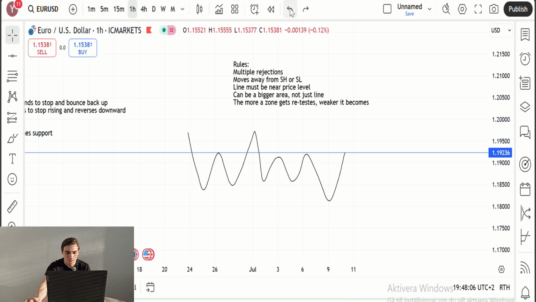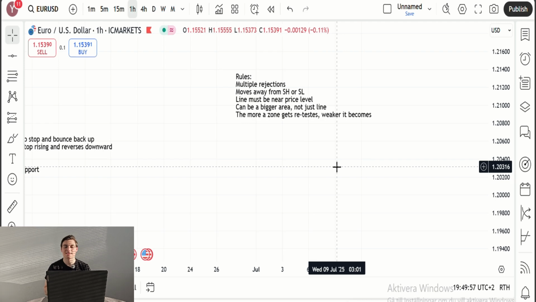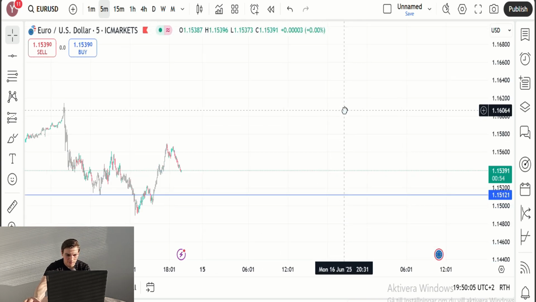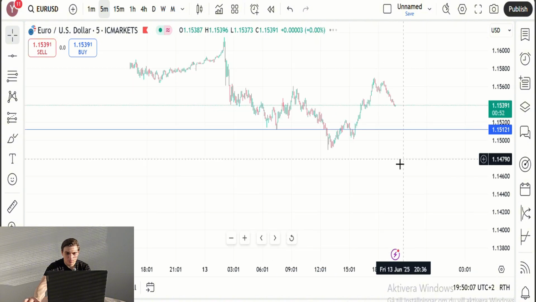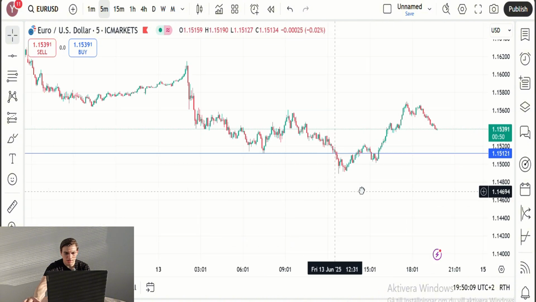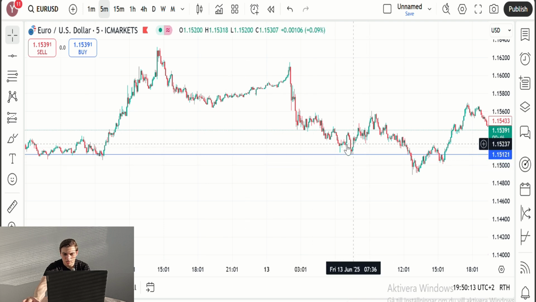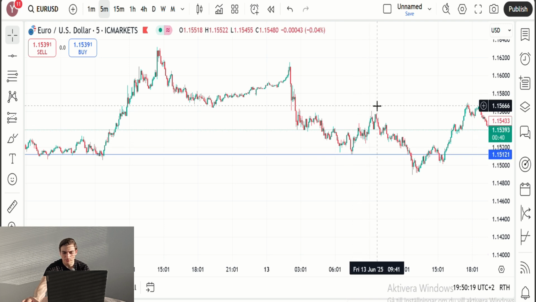And if it has only 1 rejection, it's not a support or it's not a resistance. That's the first rule. So the second rule is it must move away from a swing high or a swing low. Let me go on a lower time frame and explain this. Let's check on the 5-minute time frame what I mean. Here we can see we have this support, right? You can mark this support right here because we create a swing low and then price moves away from it.